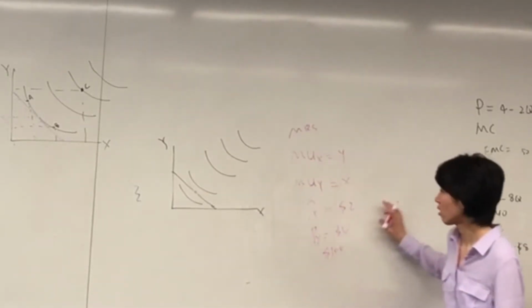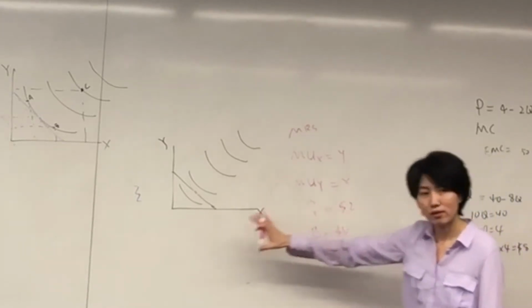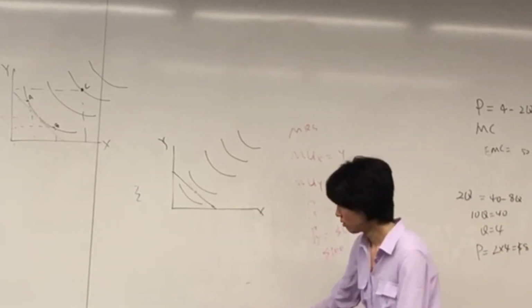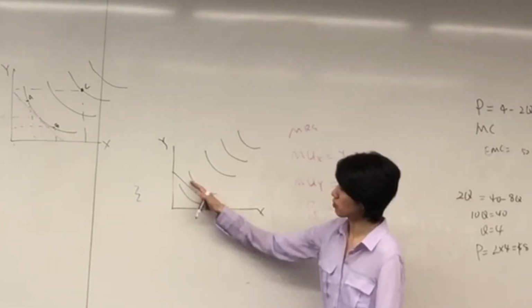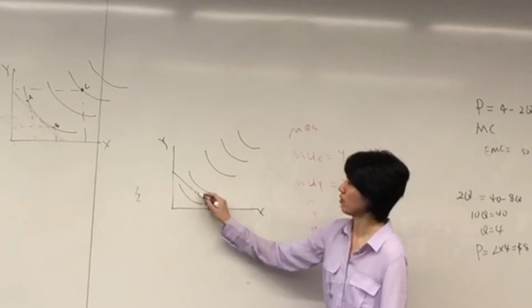That's when the two goods are perfect substitutes. So in this case, there's a condition: make the slope of the budget line equal to the slope of the indifference curve at this point.